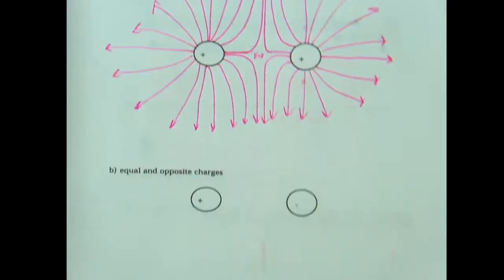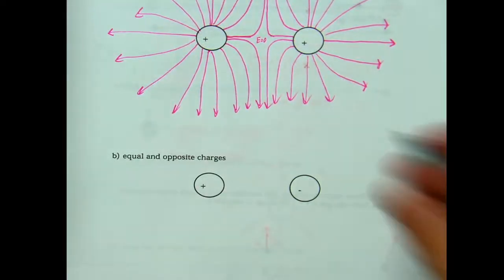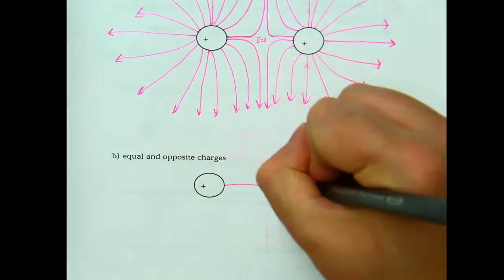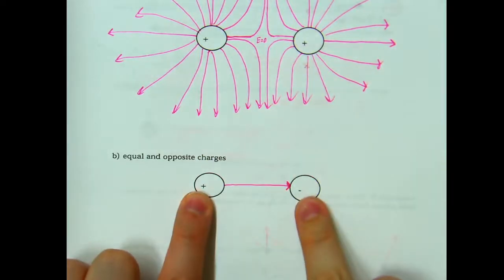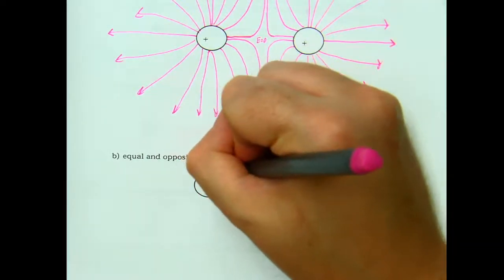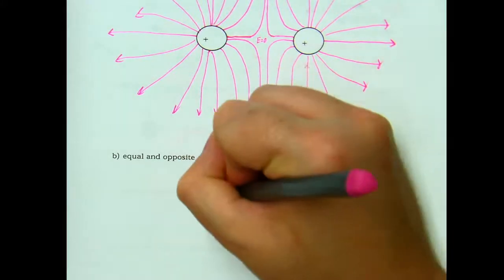If you have a positive and negative, this is really easy. It's going to go out of the positive into the negative. So this one's always going to the right. Out of him into him. And so even for all these guys going out, they're going to be attracted into that negative.